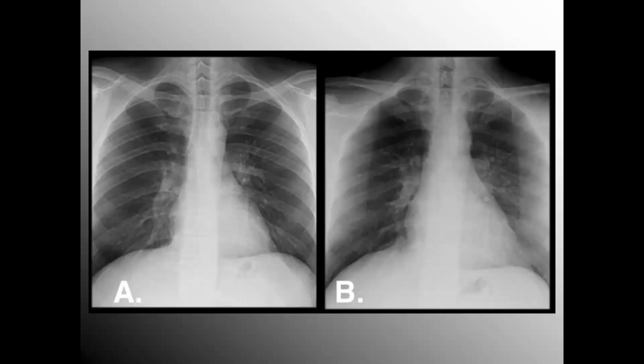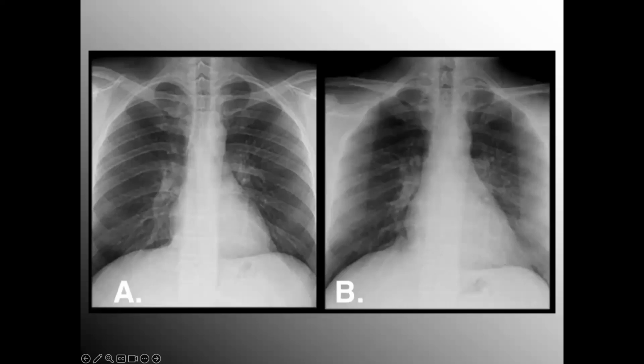Many times the layperson, of course, would do this, but certainly not the RT, but even the average clinician might overanalyze an X-ray and say they've got slight cardiomegaly. But you have to remember what's farthest away from the film gets slightly magnified. So you can see the size of the heart here for A. This would be a posterior anterior film. The heart is closest to the film, and here it's a little farther away, so it becomes slightly enlarged.